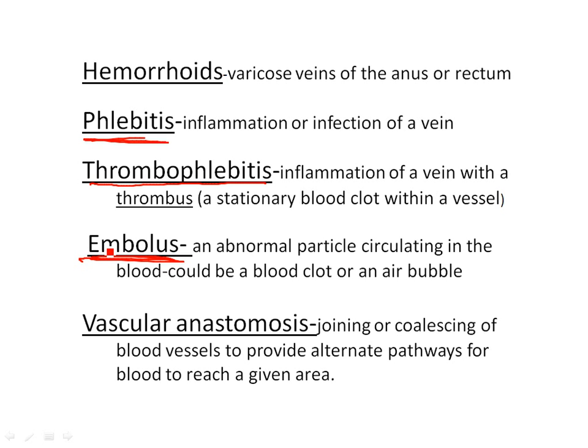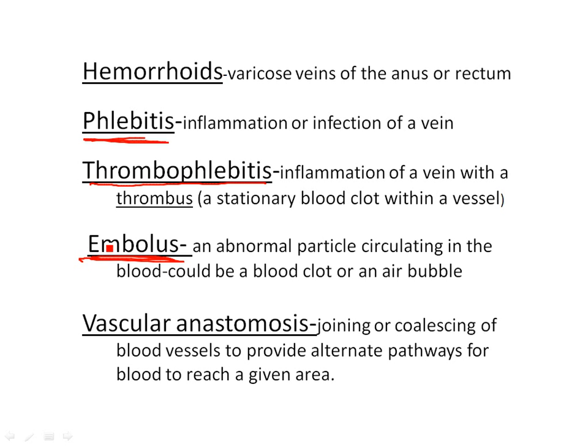Those will abnormally break off and start circulating around, and then they have a tendency to lodge in some vital organ, and they can actually kill you. You call this an embolism. When you have that sudden breaking of it, it's like, oh, she had a pulmonary embolism. That would mean a blood clot broke off, went to the pulmonary region somewhere in your lungs and caused a blockage, and it can kill you. So those are very dangerous.